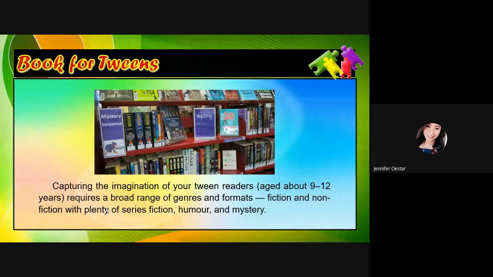So now, the fourth from our list is the book for tweens. So what do you mean by tweens? Capturing the imagination of your tween readers ages 9 to 12 years requires a broad range of genres and formats, fiction and non-fiction, with plenty of series, fiction, humor, and mystery, and even so on. So tween readers are those 9 to 12 years old.